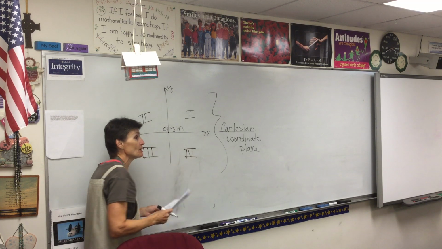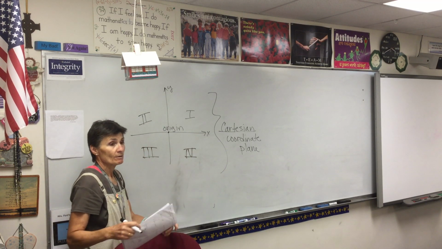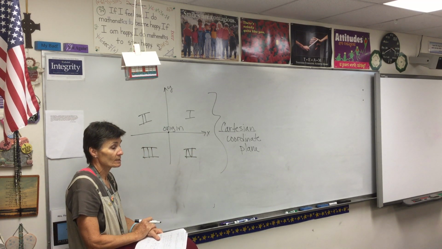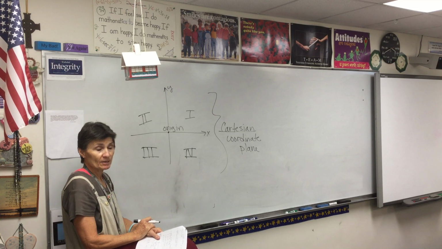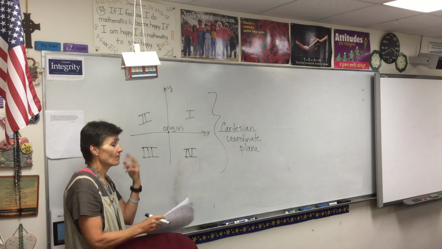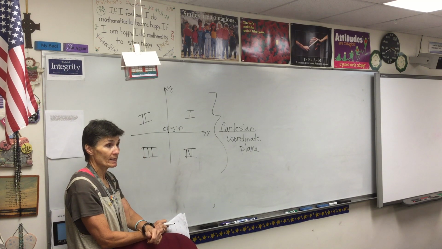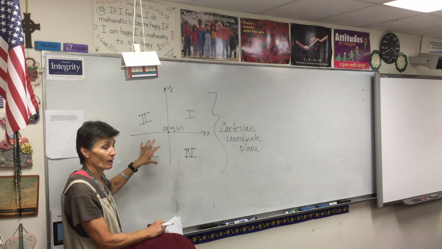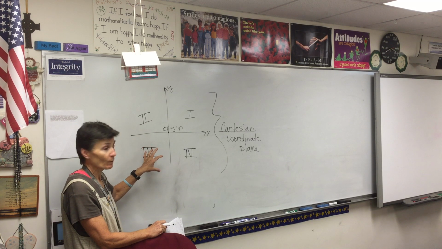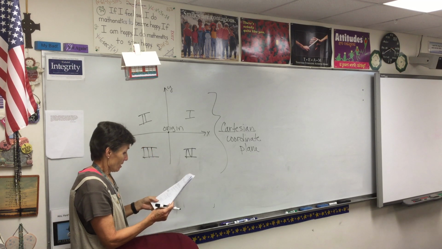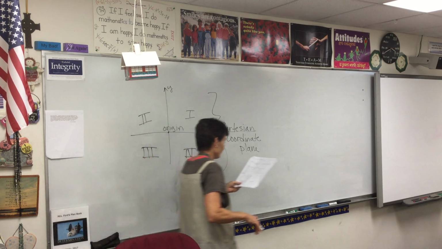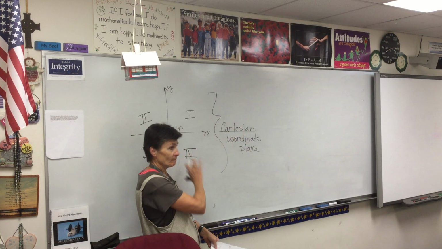And we generally use Roman numerals to identify the quadrants. Not sure why, but that's just how we do it. So if you're talking to your friend on the phone and you want to talk about quadrant 3, everybody knows this is what you're talking about, right? Number 2. Everybody good with all your labels there?